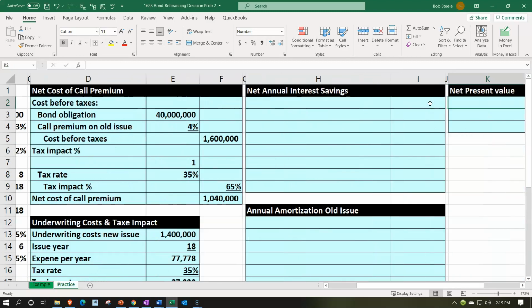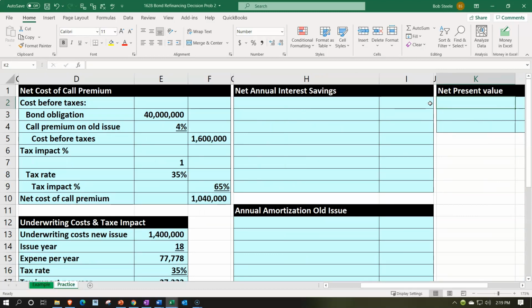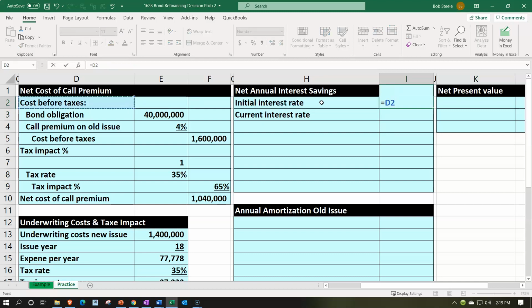We're looking at the net annual interest savings now. So we're going to take the difference between the interest rates. So we have the initial interest rate, and then the current interest rate. We'll take the difference between the two of them because we're looking at a differential type of calculation.